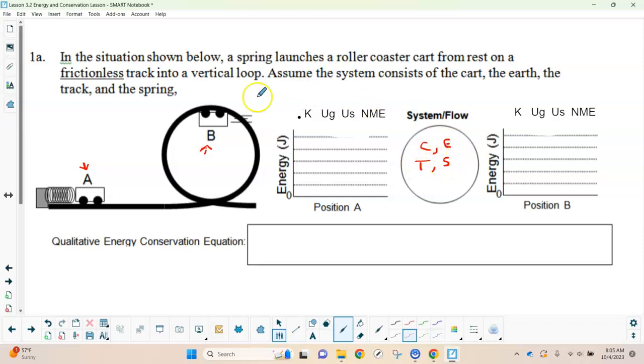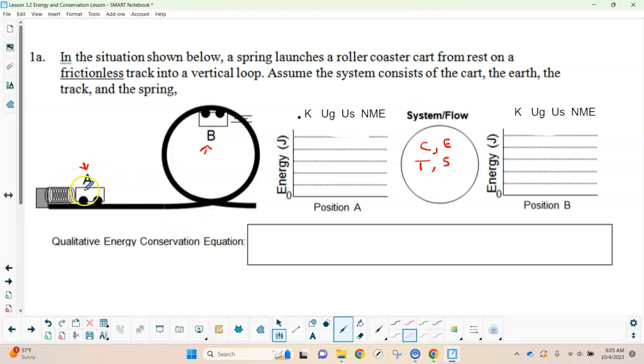Okay. So it says it's frictionless, so I don't have to worry about any heat being generated between the cart and the track. So again, we include the earth in our system here because if we talk about gravitational potential energy, you need the earth there. Otherwise, the earth is outside of the system and it's going to do work on the object.